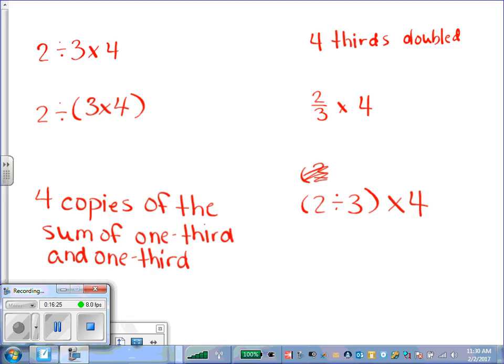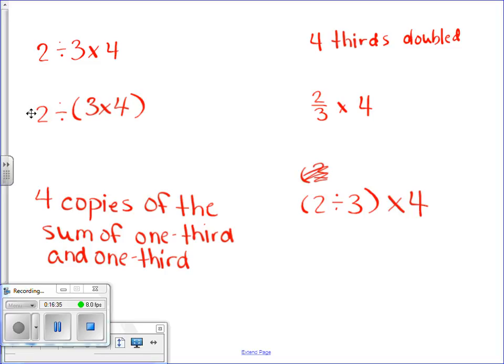Okay, so the first one, all of these you should have had 8/3 or 2 2/3 except for this one right here. So this one, 2 divided by 3 times 4, you go left to right.